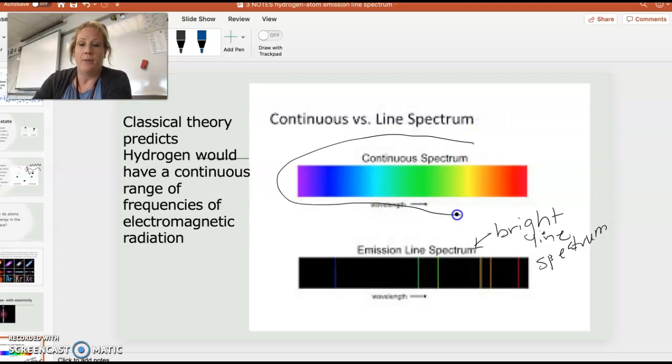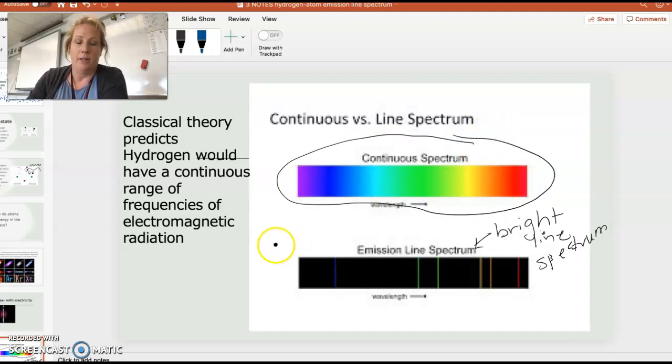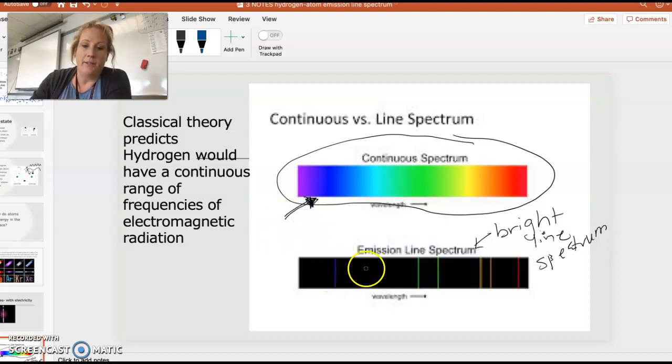Classical thinking about light as a wave would have made us believe that every possible frequency would have been available, and that we would always see a continuous spectrum. We do see the continuous spectrum when we look at true white light, sunlight, but otherwise, when you're looking at an element, you only get to see certain parts of that spectrum.